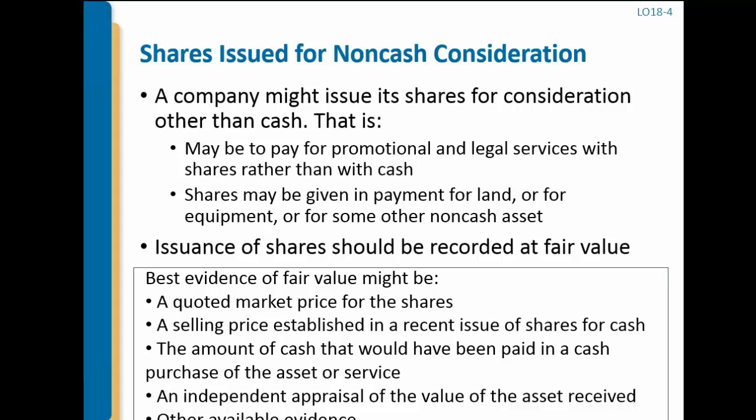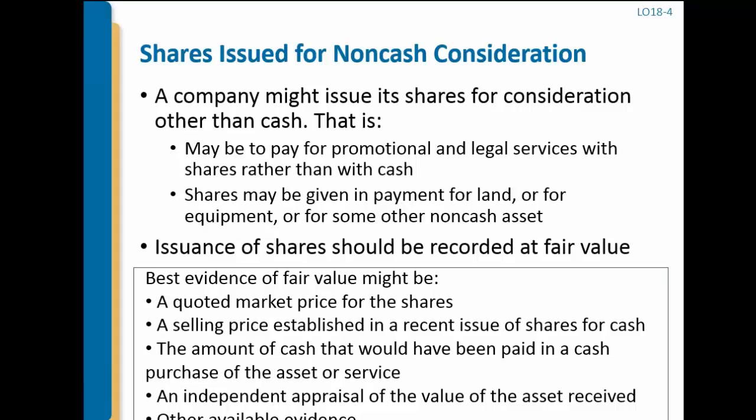Let's say you bought a building whose fair value is $1 million. You issue stock for it, and you don't know how much the stock is valued at. Therefore, the transaction is recorded at $1 million because that's fair value.